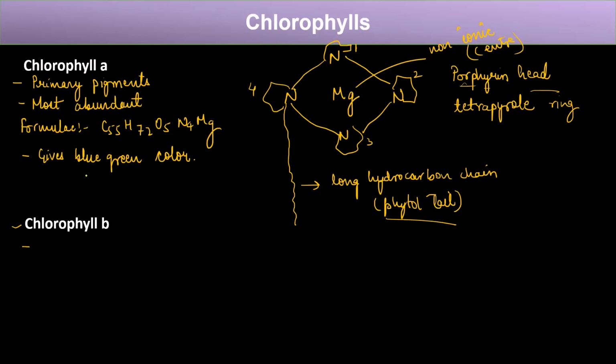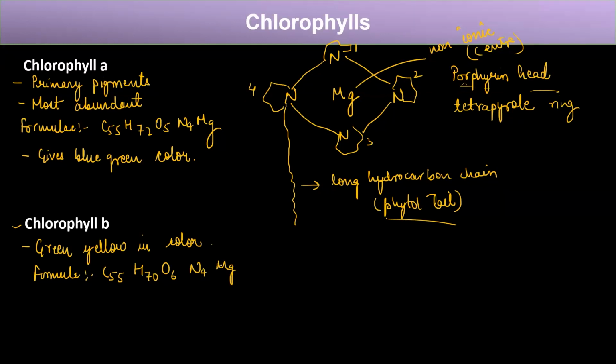So chlorophyll A is blue-green, and chlorophyll B is green-yellow in color. Okay, and its formula is slightly different from chlorophyll A, that is C55H70O6N4Mg.